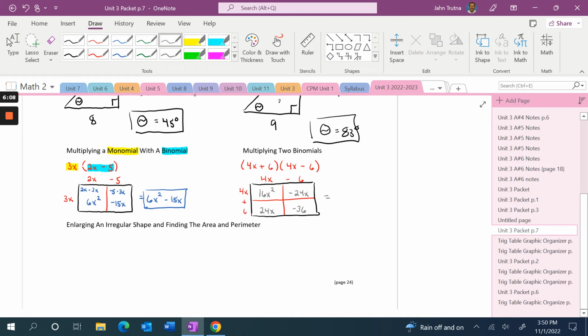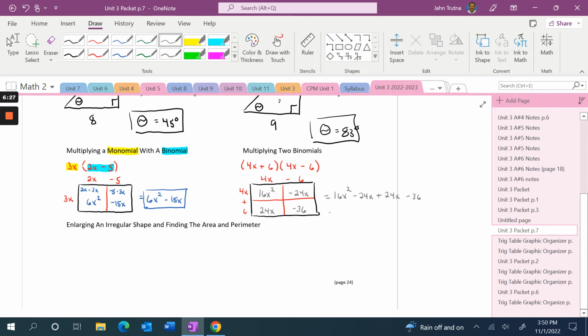Then I write out my sum. My sum is all 4 rectangles combined. So 16x squared minus 24x plus 24x minus 36. So this is going to be my sum.